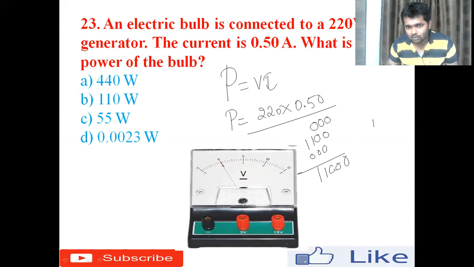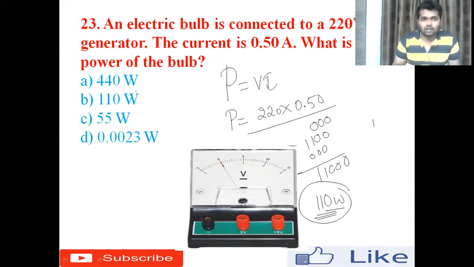So in our answer also, we have to put the decimal point here. So the right answer for this question is 110 watt. Watt is the SI unit of power. We must write the SI units with the results, right? So the right answer is option B, 110 watt.